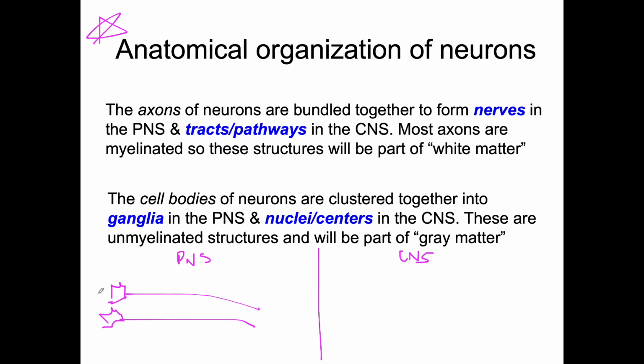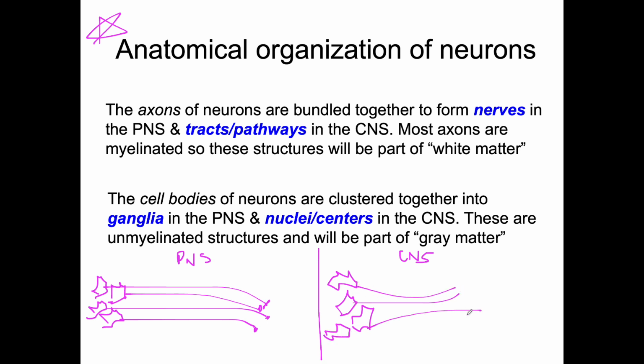And remember, cell bodies all cluster together, and axons tend to cluster together. And the terminal. I'm going to do the same thing with the CNS. Let's just draw all the cell bodies, my beautiful artistic skills. And here are the axons, the axon, and the axon.